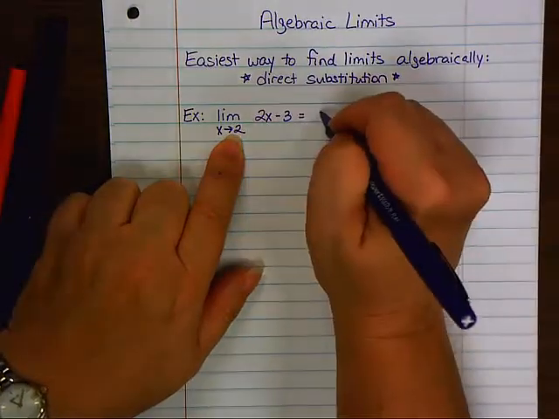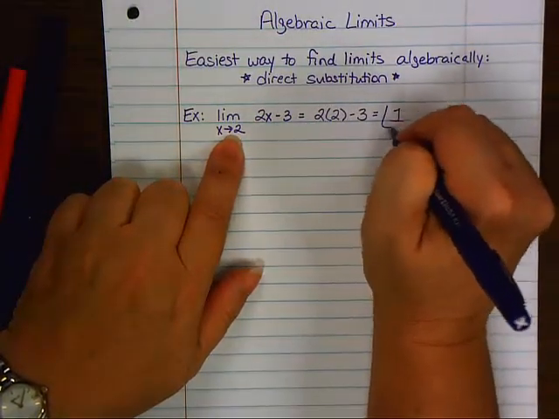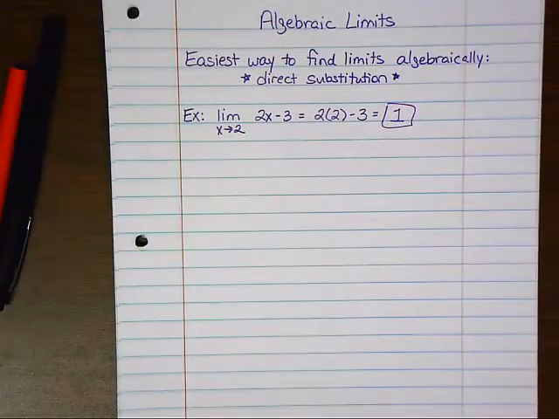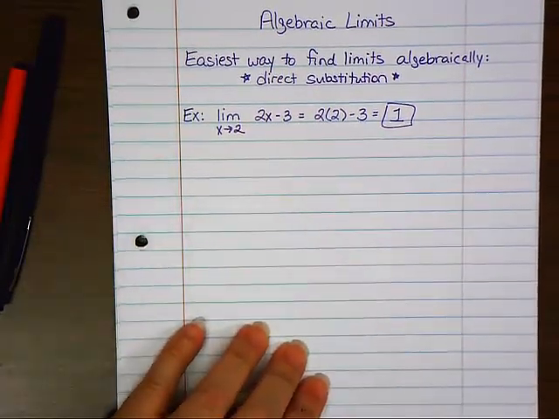Yes, you can. That's what you do. 2 times 2 minus 3 equals 1. That's your limit. You're done. Wow, that was hard. The ones we did yesterday were harder than this. That was just too easy. But I'm trying to show you this: if you can plug it in, that's the answer.